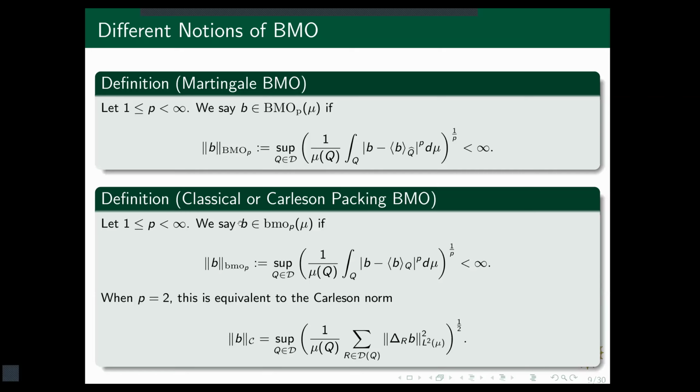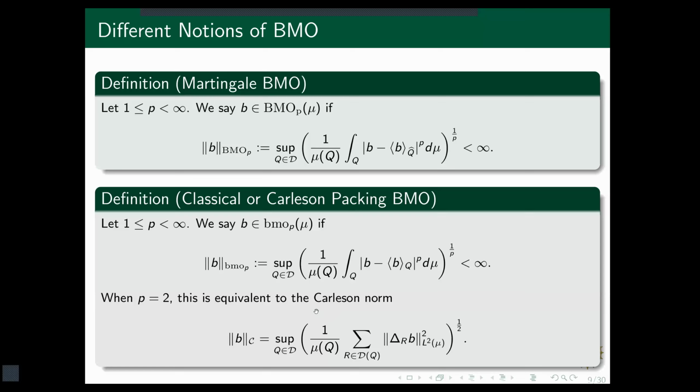Conversely, we can define these little BMO spaces, which is denoted by a lowercase bmo_p, if this more classical looking dyadic BMO condition is satisfied. So there we just subtract the average of b on Q. We don't subtract the average on the dyadic parent.